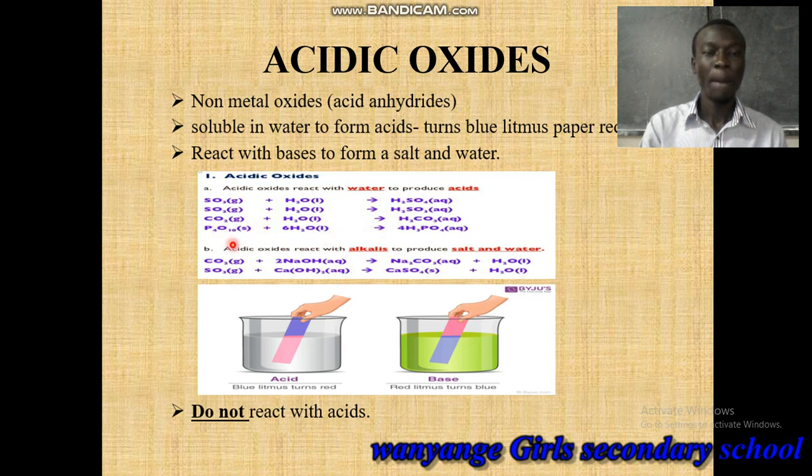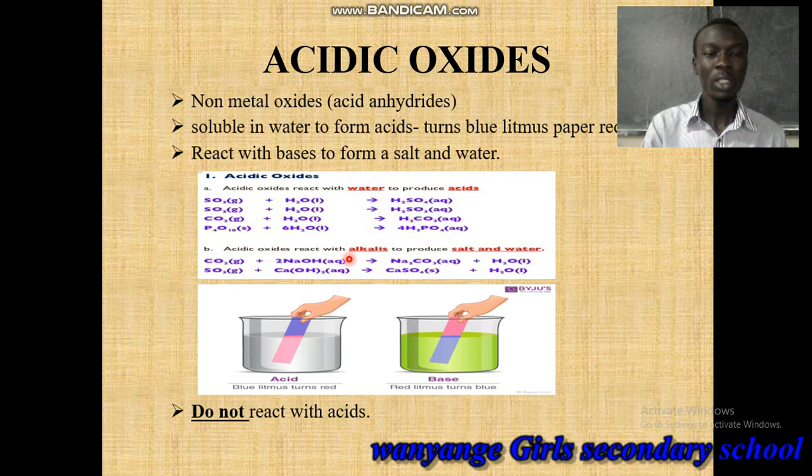Phosphorus pentoxide plus water forms phosphoric acid. So you note that when they dissolve in water, the acidic oxides will always produce acids. That is also very important. Those are simple tricks of passing chemistry.